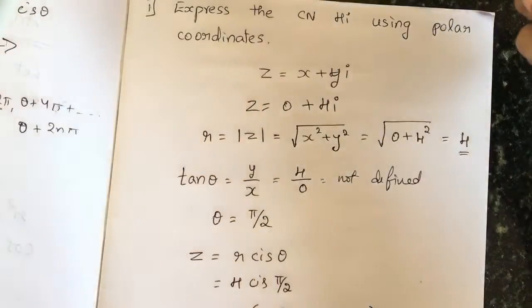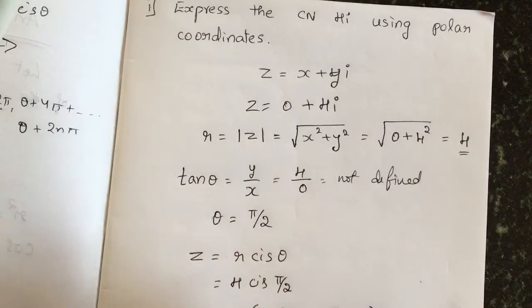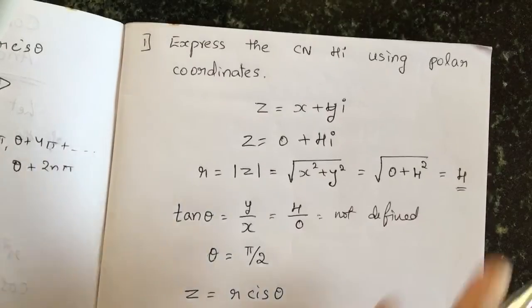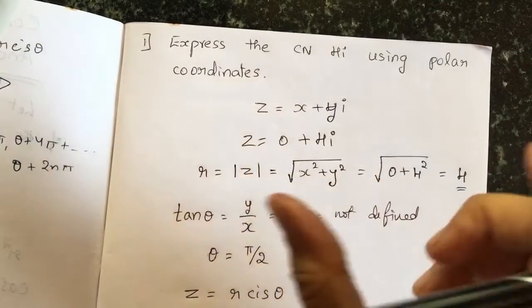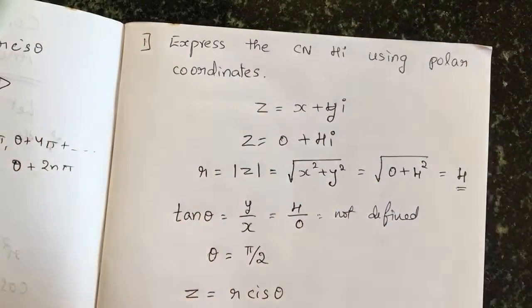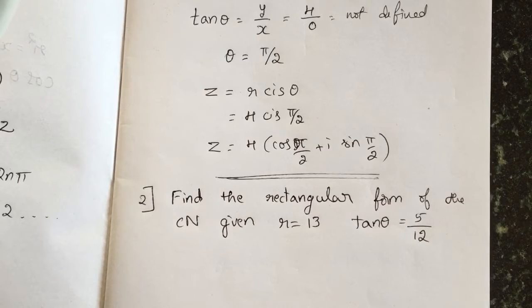Now the other way: they'll give you r and theta, and you have to convert the polar form into the rectangular form of a complex number. Find the rectangular form of the complex number given that r is 13 and tan theta is 5 by 12.